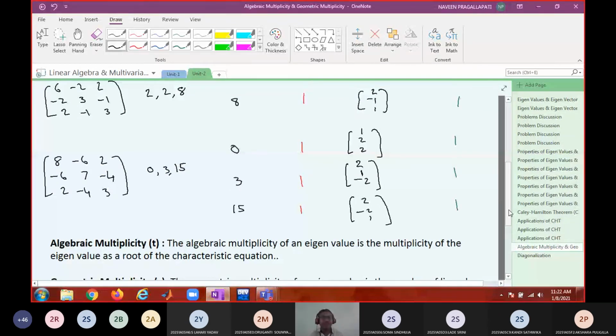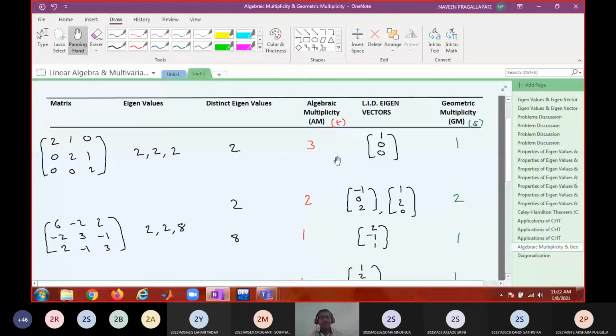You will find the eigenvalues and the corresponding eigenvectors, and check whether it is diagonalizable or not. It is not diagonalizable. So the first question you can take as that. Second one, we'll see how to diagonalize the second matrix, because the first one is not diagonalizable.